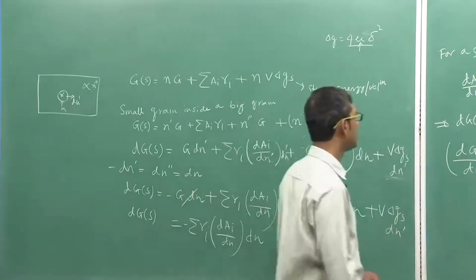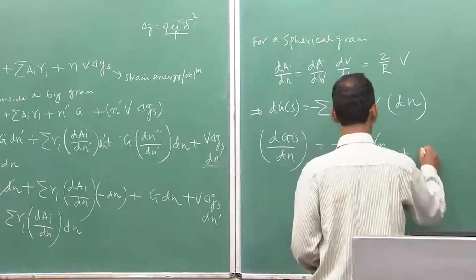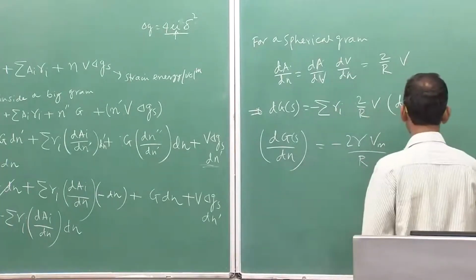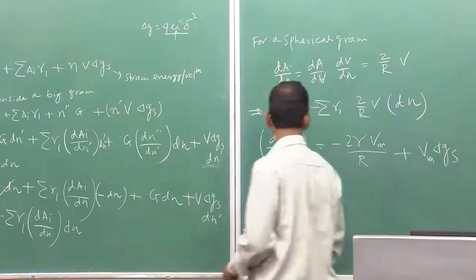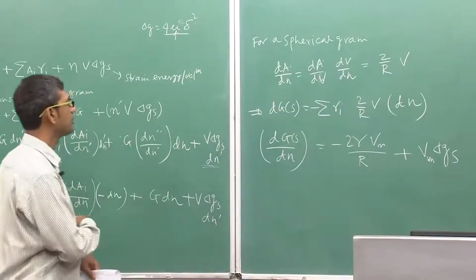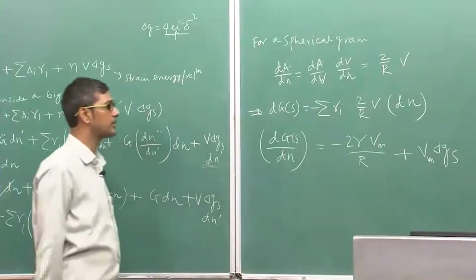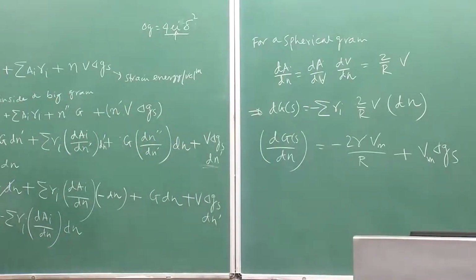So, clearly you can see there will be an extra term here which is V delta Gs, and this is Vm. Now, because of the strain energy effect, I cannot simply say whether the change of free energy will always be negative. It may not be, actually.